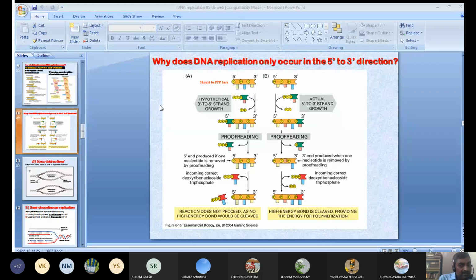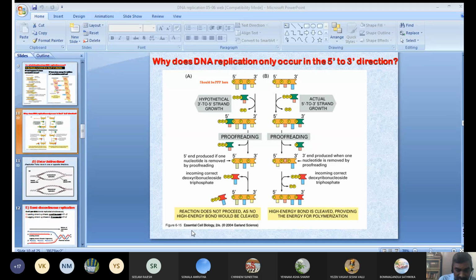I already told you DNA polymerase can bind only to the 3' OH group, because when there is a phosphate group, the upcoming nucleotide cannot be joined here, right? Because of the proofreading activity, this will be removed because it is not the proper nucleotide to be added. So the next nucleotide will be added here.